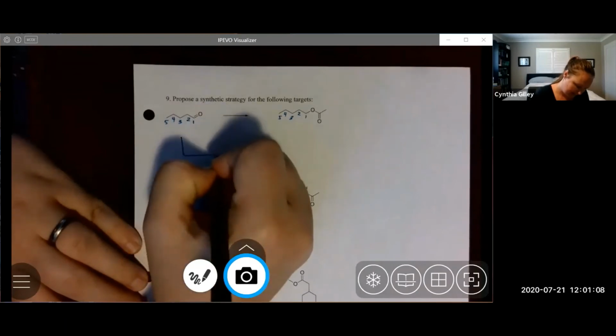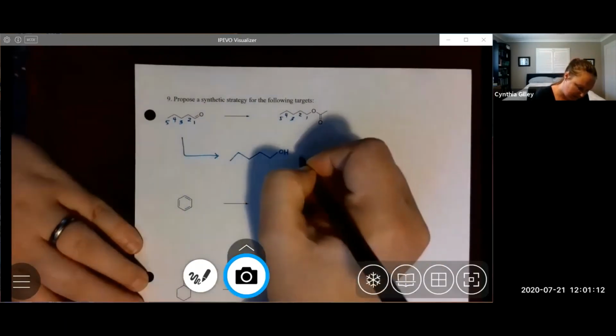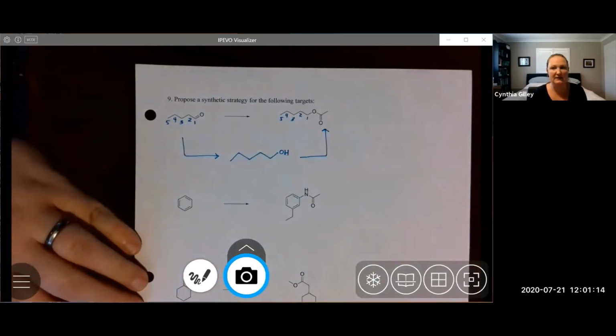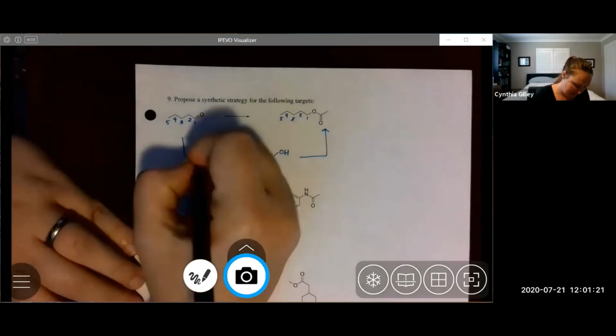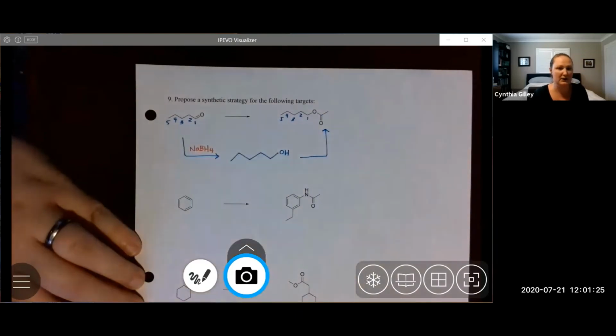If I can get to an alcohol, then I will be able to make an ester, right? So that's kind of my process here. Then I just need to remember how to do it, right? Typically with an aldehyde or a ketone, we would just reduce with sodium borohydride, or LAH would be okay as well. And then to make an ester from an alcohol, you have 2 choices, right?